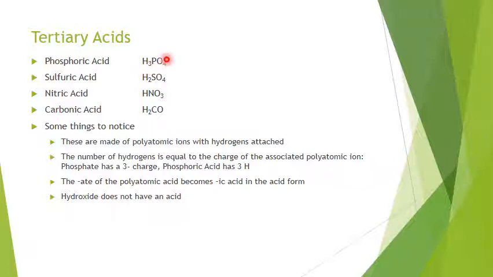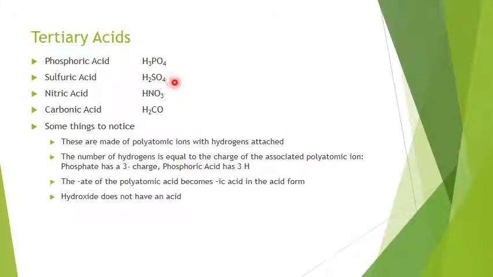So if you know those 4 polyatomic ions, the ates, phosphate, sulfate, nitrate, carbonate, you can figure out their corresponding acid. So PO4 3 minus gives you H3PO4, phosphoric acid.